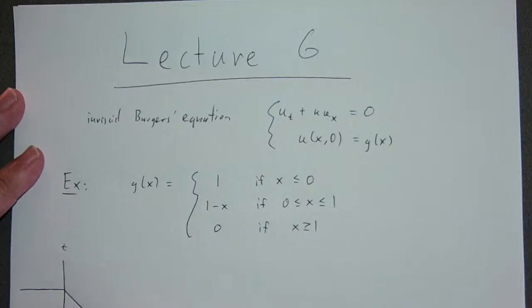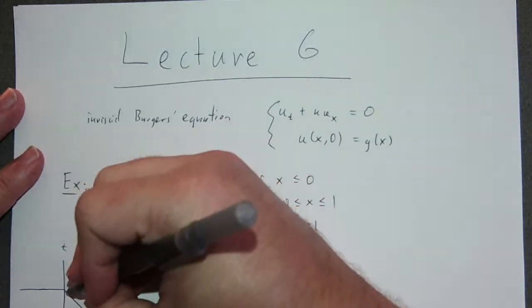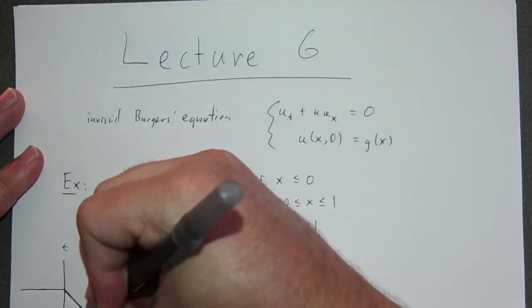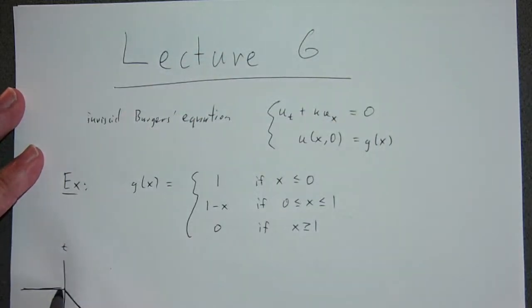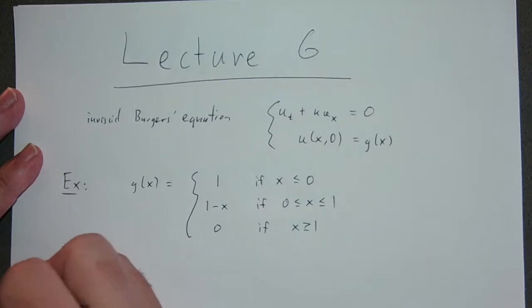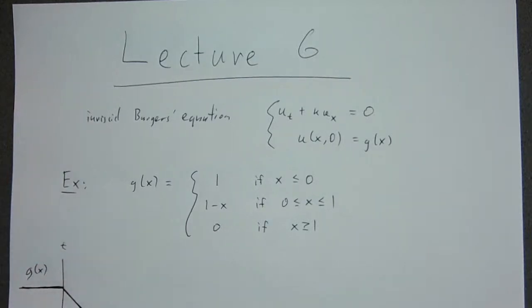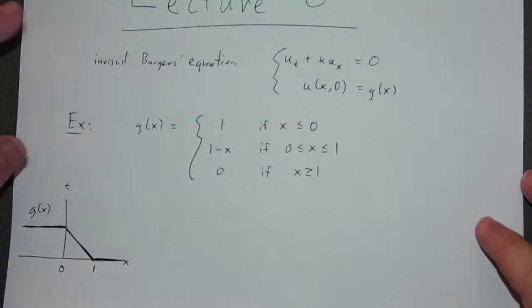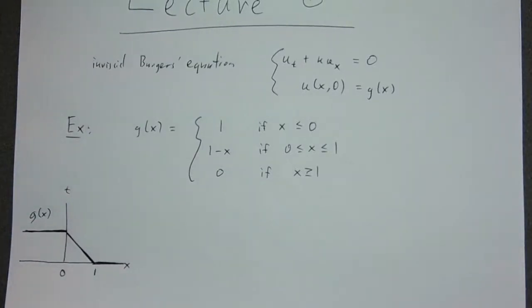Here's 1, here's 0, here's t equals 1. And then it is 0. So there's my function g. Okay, it's off screen a little bit. All right, so this is what my g looks like.